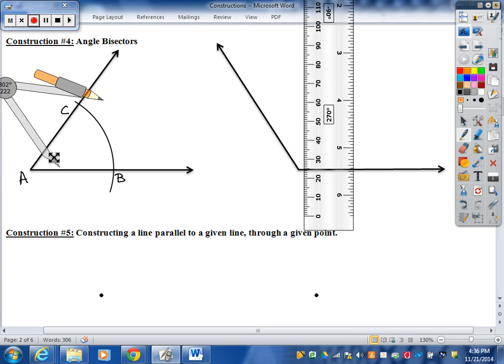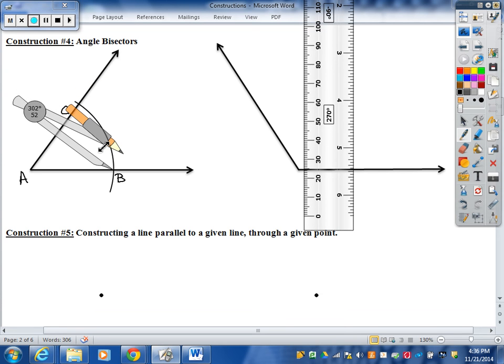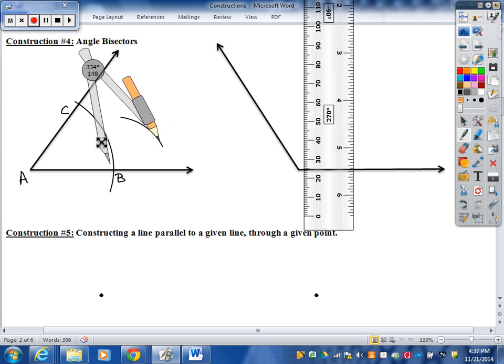Now from there I'm going to take my pointed part of my compass and I'm going to stretch it to greater than half the length of the angle between C and B. So as you see right now, if I were to go ahead and start in here, this wouldn't work with what I want to do. It's got to be greater than half the length between B and C. So right there, that would definitely work. So I'm going to go ahead and make an arc with that length, and I'm going to come up here at point C and do the exact same thing.